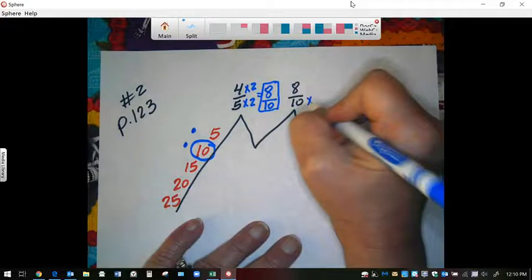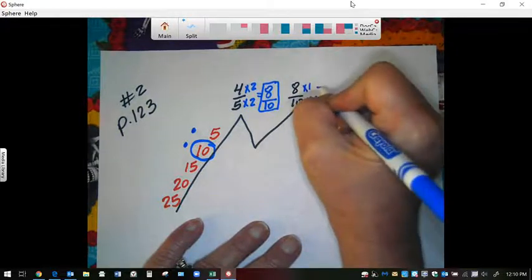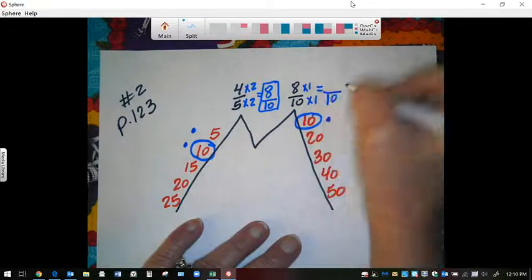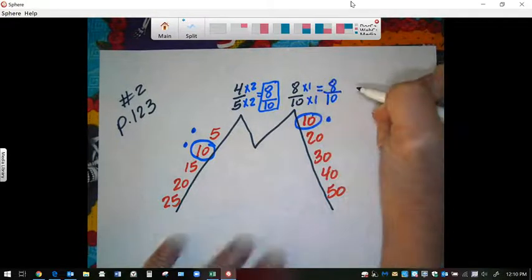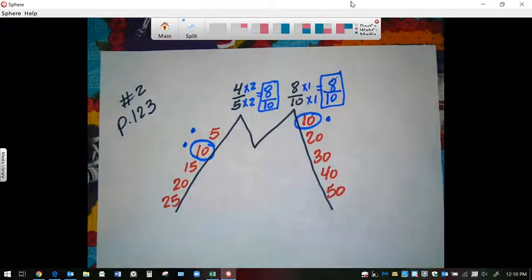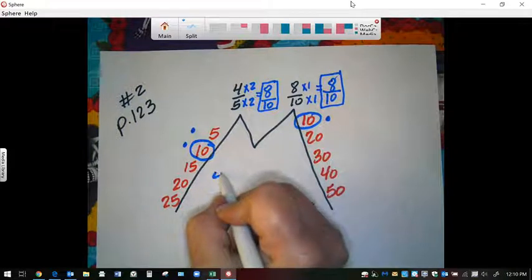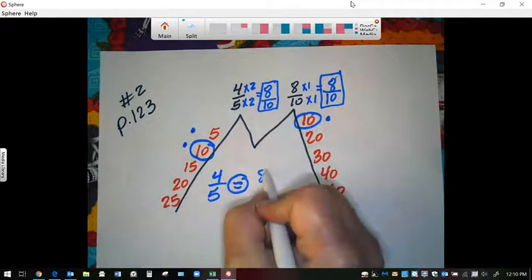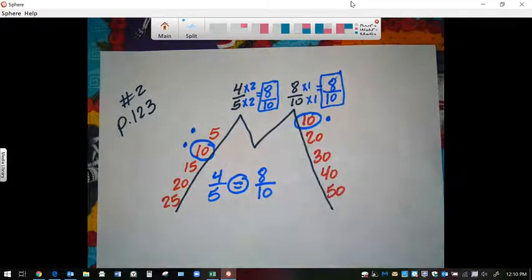So you could multiply times 1, and anything times 1 equals itself. So 8 times 1 is 8, and 10 times 1 is 10. So what do we see again? That they are equal. 4/5 is equal to 8/10.